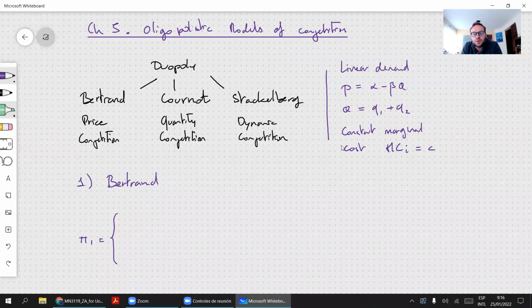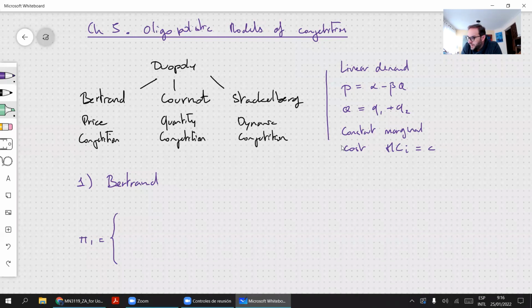Things should work out with nonlinear demand, with non-constant marginal costs, but this just adds mathematical difficulty and doesn't give us much more insight on what the model tells us about how the industry works, right?